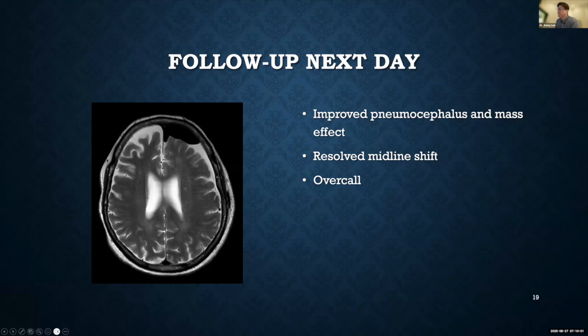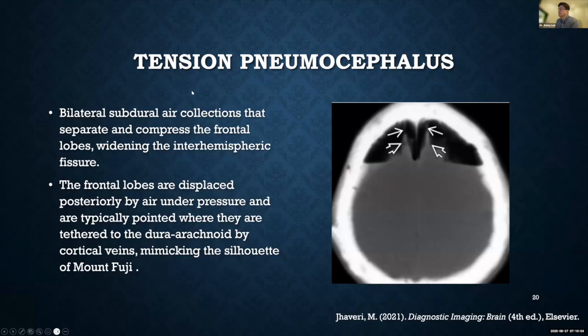So on the matter of tension pneumocephalus, essentially you get these air collections, usually after surgery, and they compress the frontal lobes. The frontal lobes are displaced posteriorly by air, and you can see these bridging veins that give this kind of a tethered appearance.